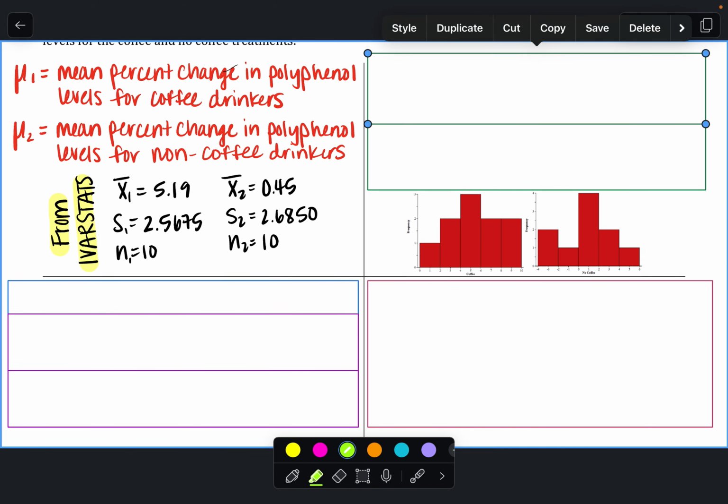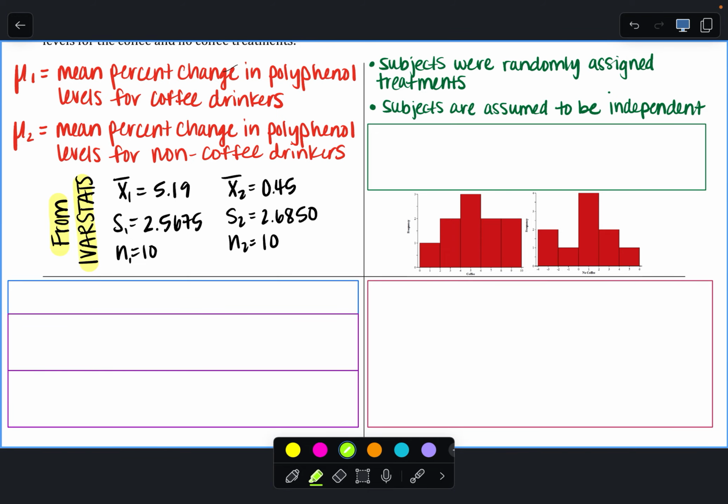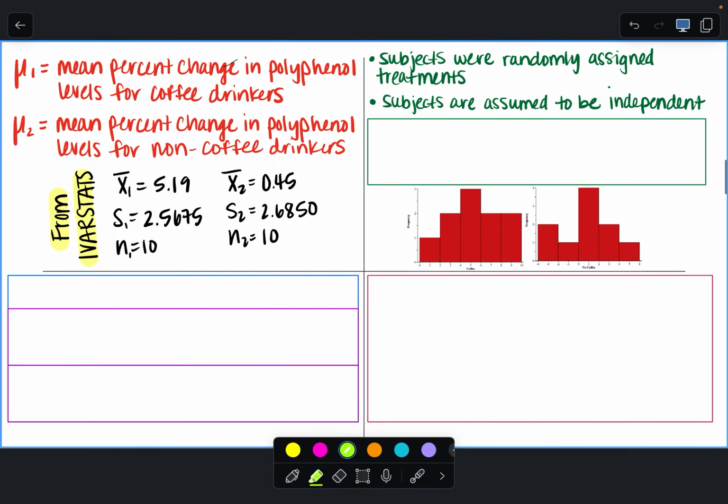So we have random, we have independent. This is an experiment. They did not say, if I'm remembering correctly, that they went out into the population and they randomly selected these women. They have these 20 women who volunteered or were signed up for this experiment.